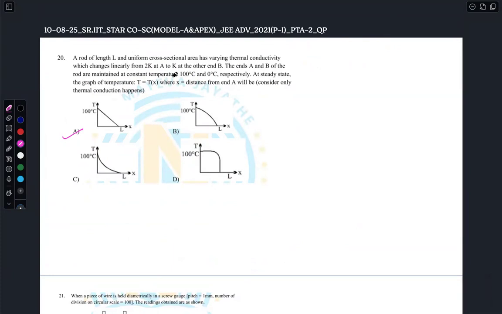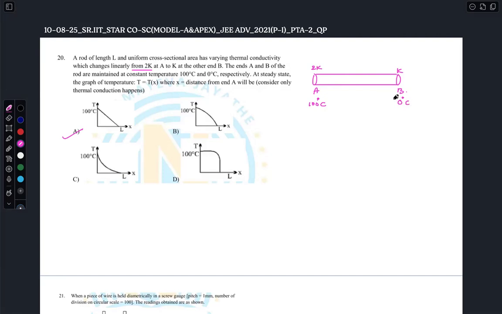A rod of length L and uniform cross-sectional area has varying thermal conductivity, which changes linearly from 2K at A. Imagine a rod with the left end at A and the right end at B. The thermal conductivity at A is 2K and at B is K. The ends A and B of the rod are maintained at constant temperature: this end at 100 degrees centigrade and this end at 0 degrees centigrade.